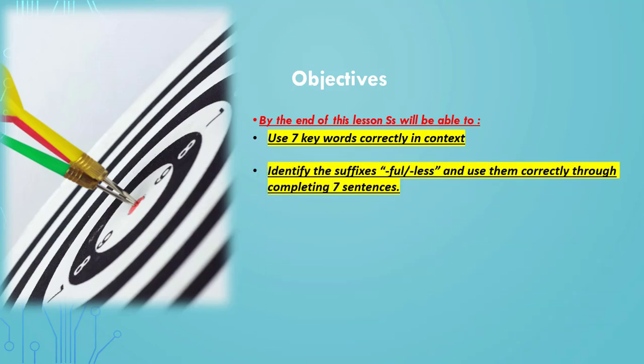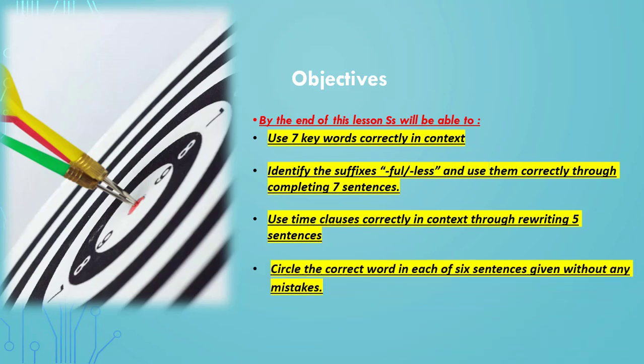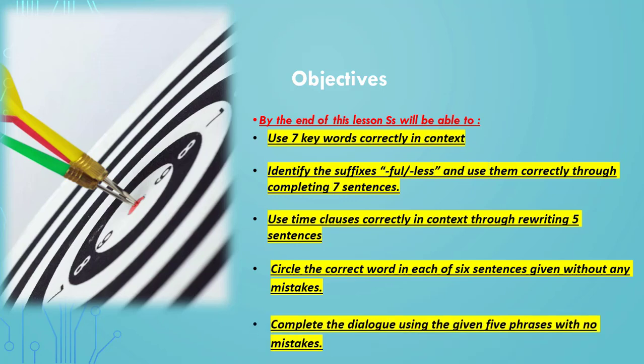Number 2, to identify the suffixes full and less and use them correctly through completing 7 sentences. Number 3, to use time clauses correctly in a context through rewriting 5 sentences. Number 4, to circle the correct word in each of 6 sentences given without any mistakes. And number 5, to complete the dialogue using the given 5 phrases with no mistakes.